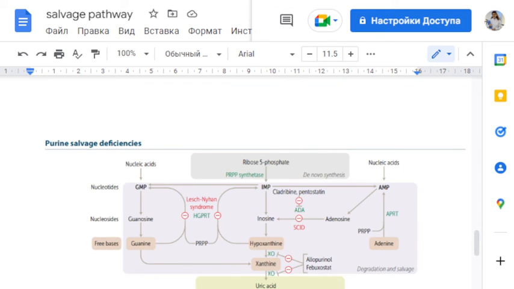So this first thing, and the other thing is adenosine deaminase deficiency, which is also really important, really high yield for USMLE, because accumulation of adenosine is really toxic for your B and T cells.